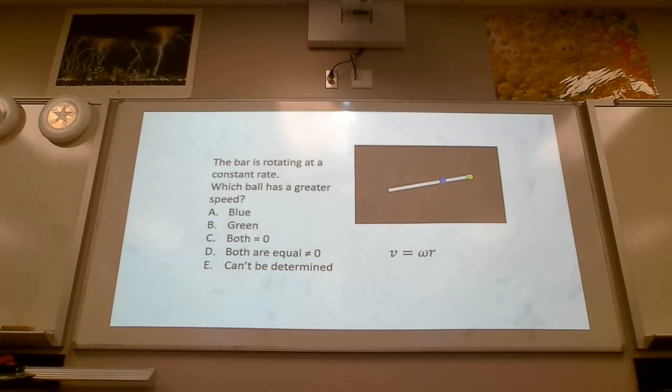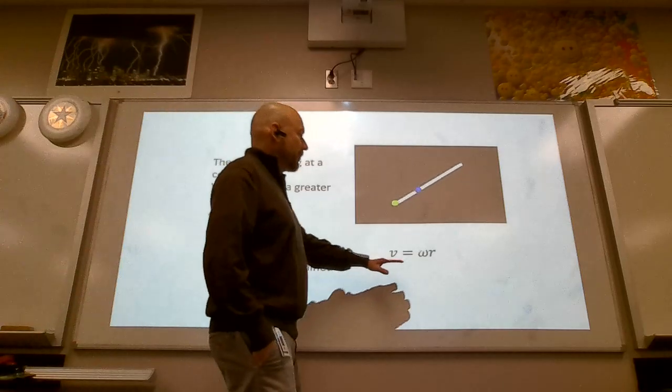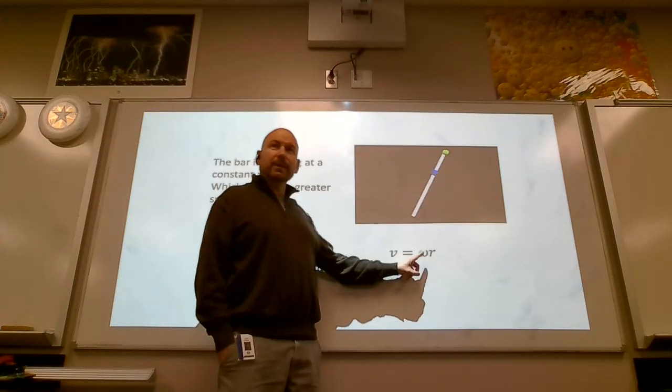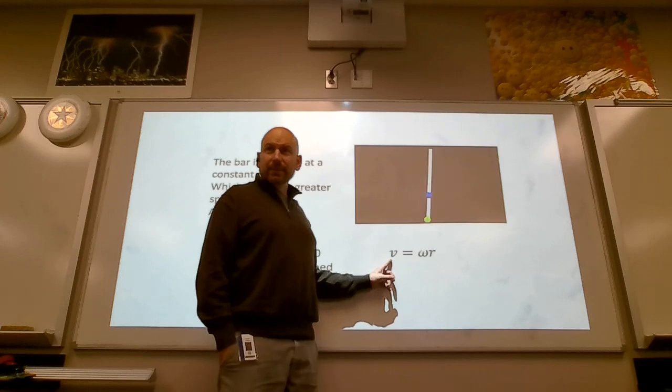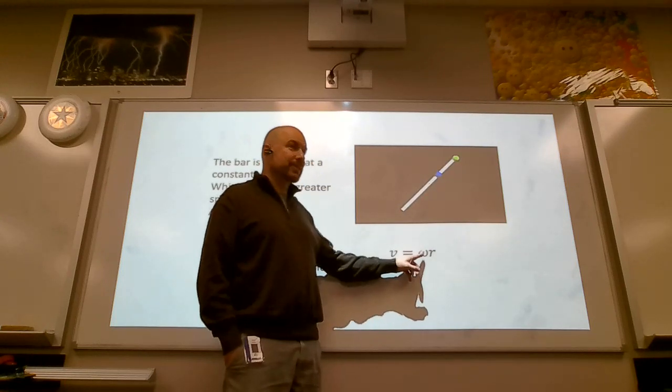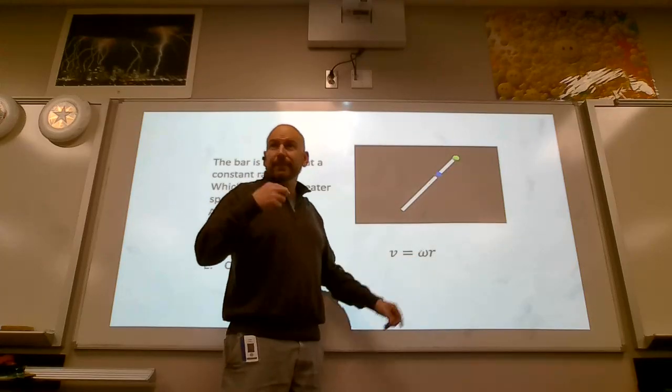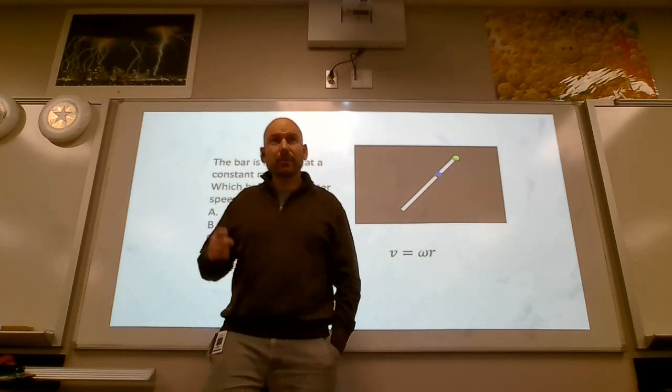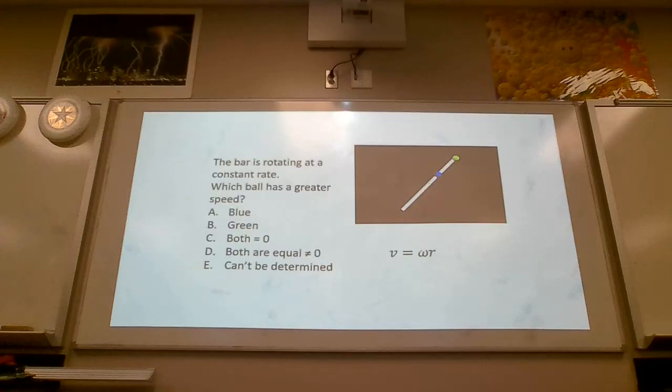That makes sense? Okay. Here's an equation that ties rotational speed and just normal speed. This is what your speedometer says. This is how quickly you're spinning, doing a whole rotation.